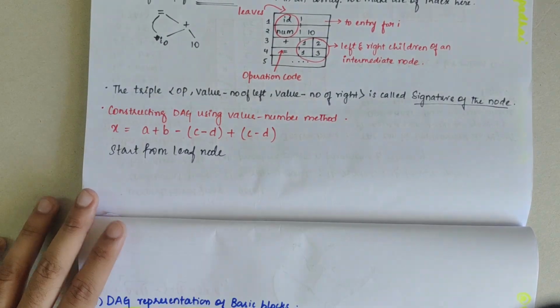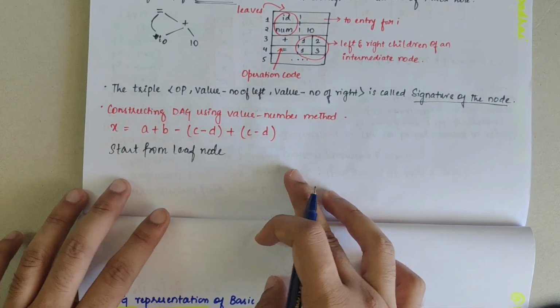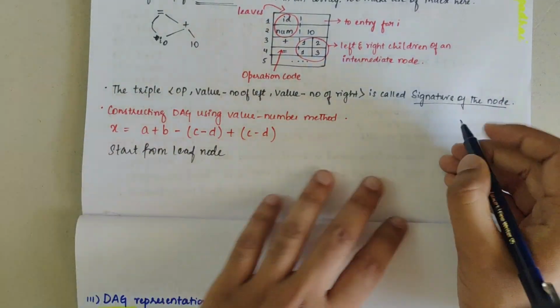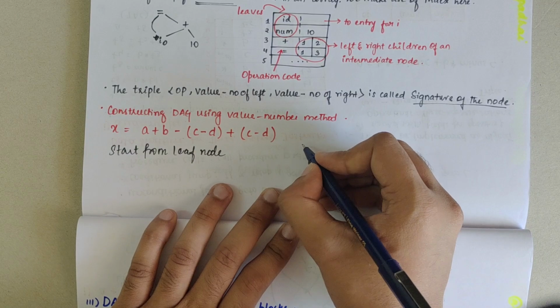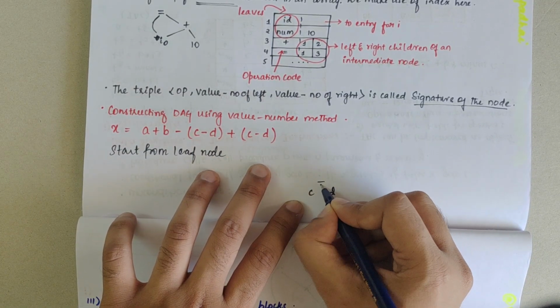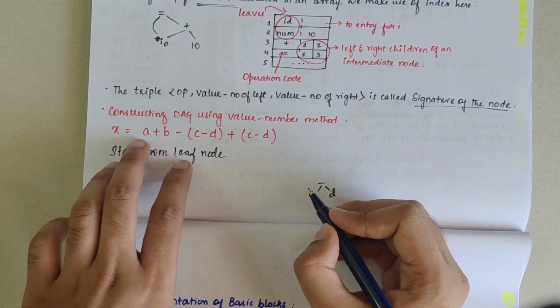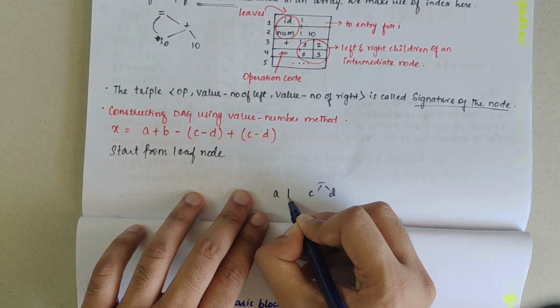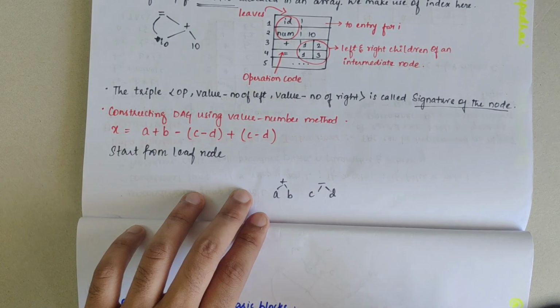I need to start from the leaf node. But before drawing the leaf nodes, let me draw the DAG first for this. If I construct the DAG for this, I'll start from c minus d, and on this side I have a plus b. So a and b with plus here.